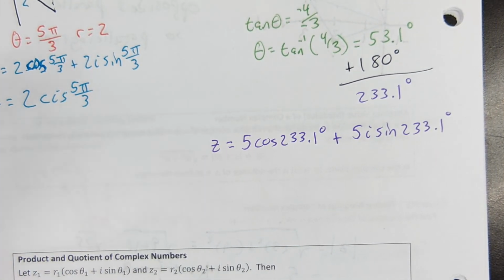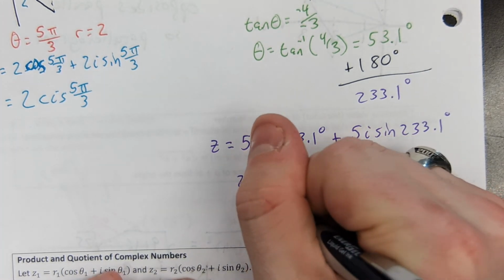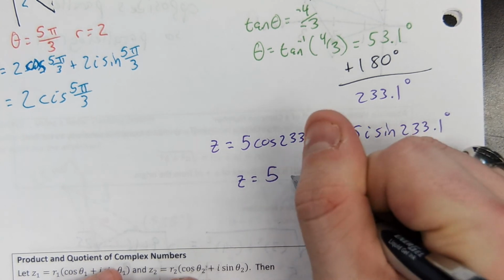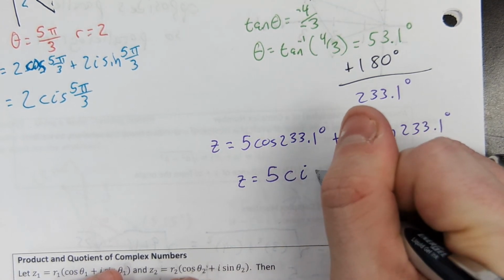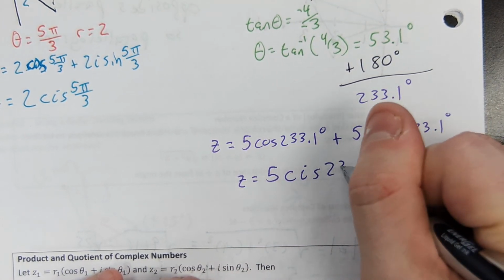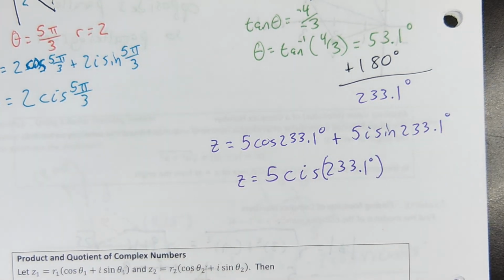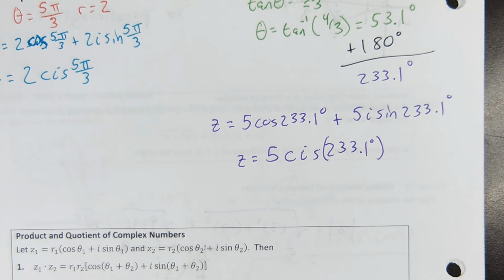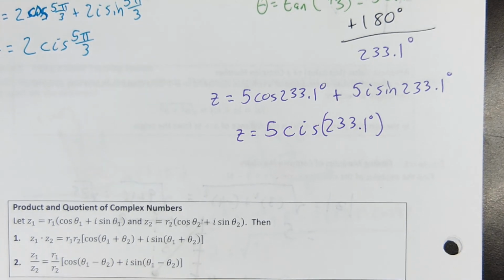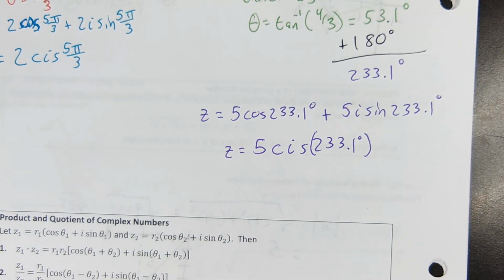It's just shorter. There's less to write. You can do it a little bit faster. 5 cosine plus i sine of 233.1 degrees. And if it helps you, you could write it this way, which reminds you that that is the argument of two different trigonometric functions. But that's it.